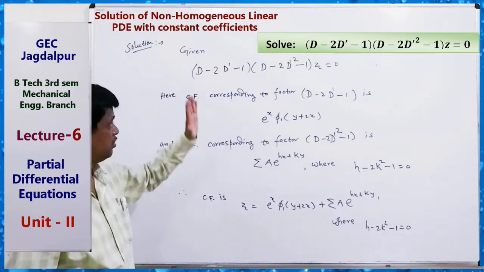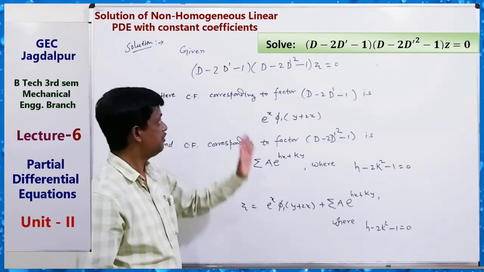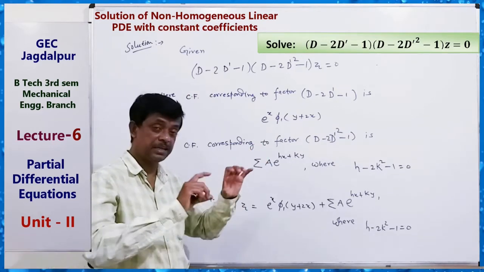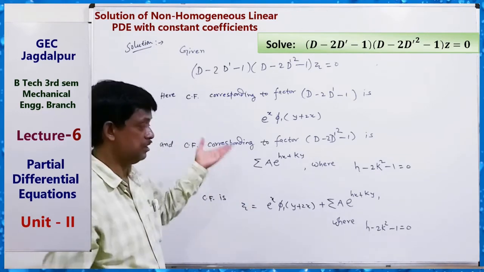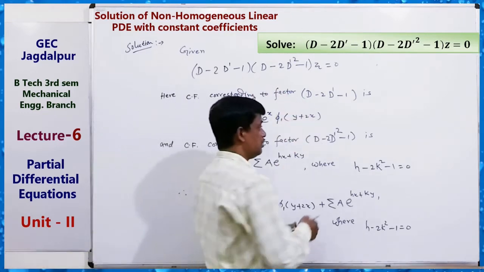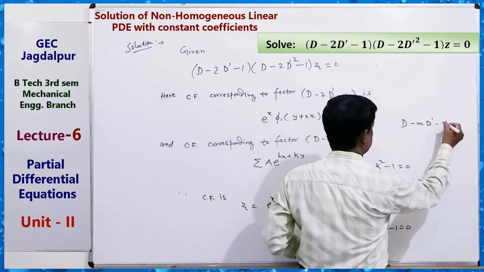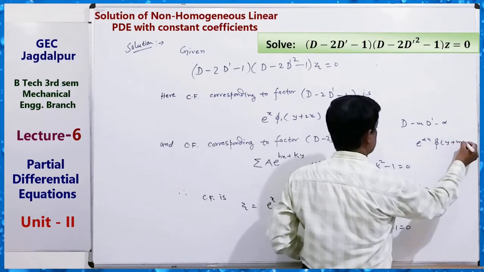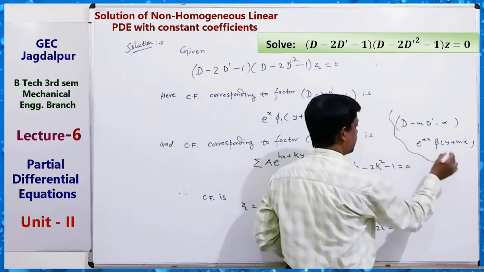So this is the method of writing CF for non-homogeneous linear partial differential equation. If f D D dash can be completely factorized as linear in D and D dash, then you can use the general formula, D minus m D dash minus alpha, e to the power alpha x phi of y plus mx, corresponding to this factor. Okay, this is the formula.